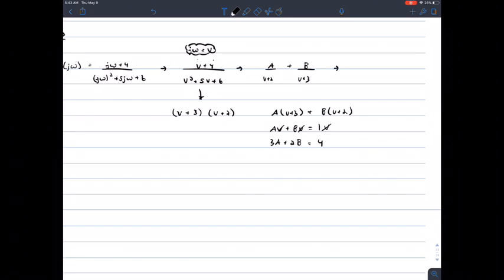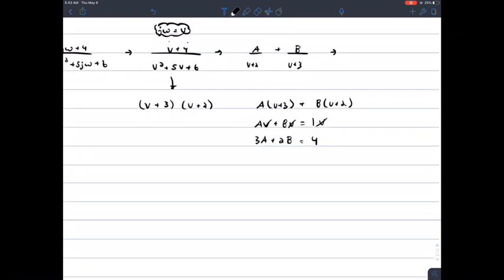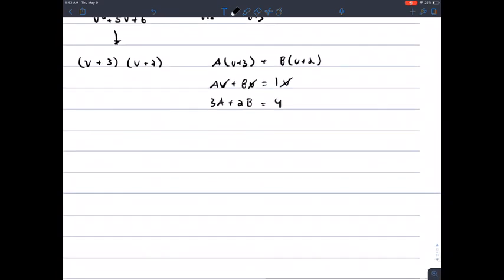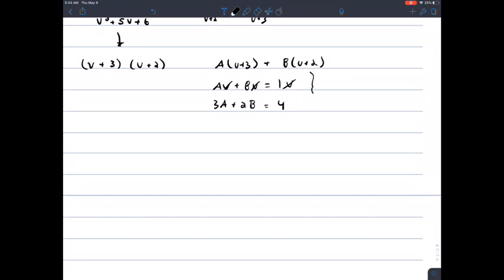Let's do a simple two equations, two unknowns solving.